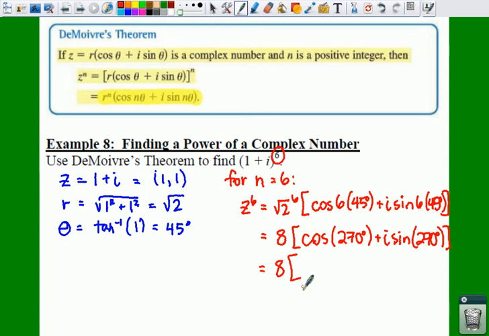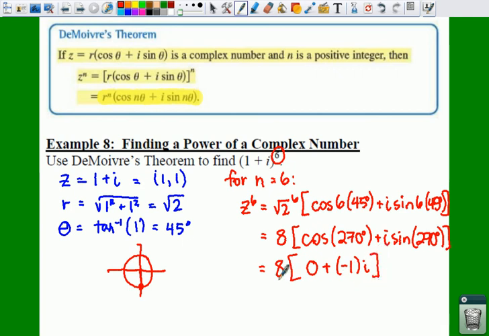and that's also known as 3 pi over 2. So that means we're going straight down if you are on your circle. If you're at your origin here, and you go straight down, you're at this point. Your cosine at that point would be 0 plus i sine of 270, that is a negative 1 i.